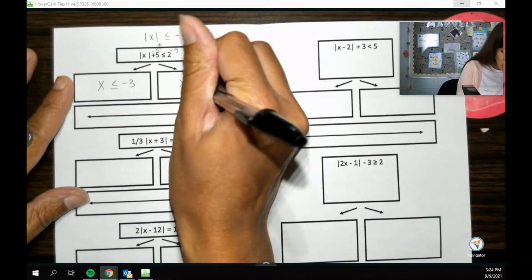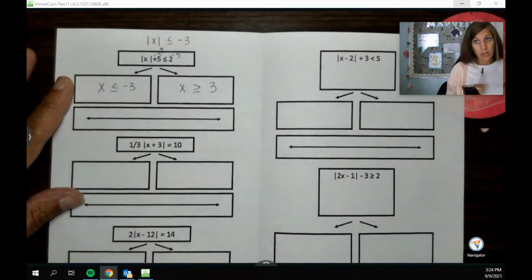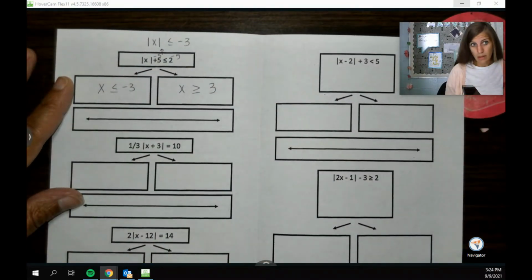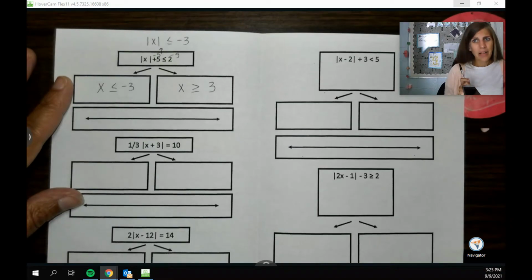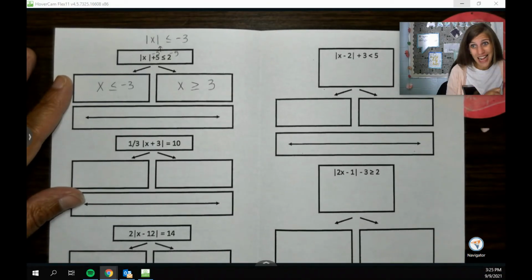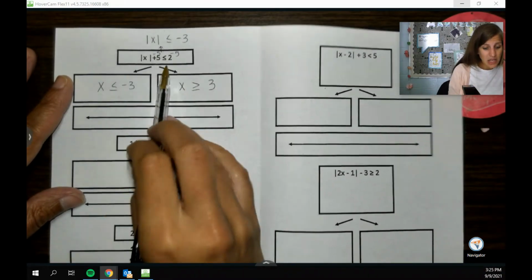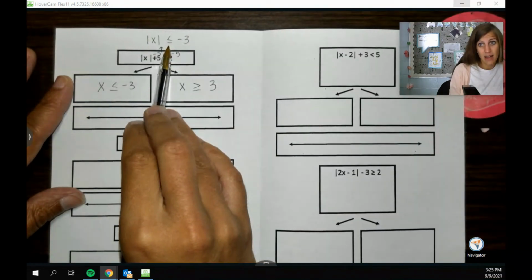And then over here, I'm going to want to switch it and switch it. Because when I change the sign, I should switch my inequality. Now, if I think about graphing this, I think we're going to kind of have a bad time. This starts off as a less than.